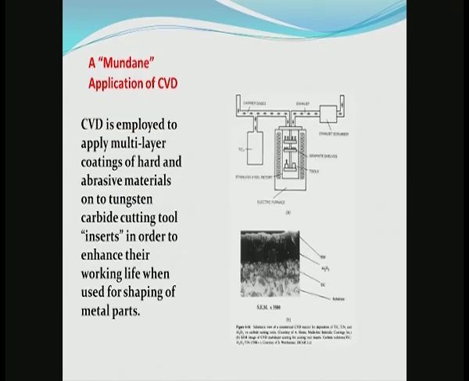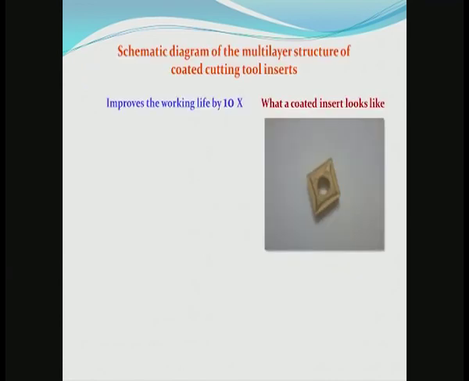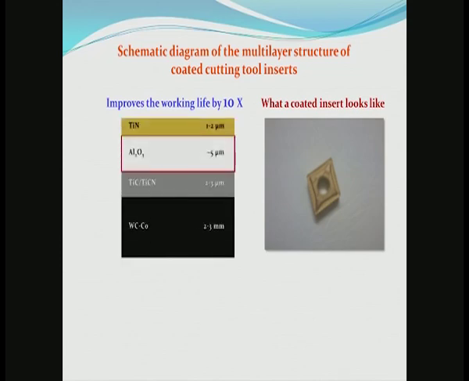Now, at the end of the class last time, I pointed out that there is a mundane application of the chemical vapor deposition process in making cutting tool bits, that is, coating on cutting tool bits for the machine shop. This is a typical cutting tool bit for cutting, for example, high speed steel, and what it consists of at the last layer is a coating of tin nitride, which gives its golden glow.